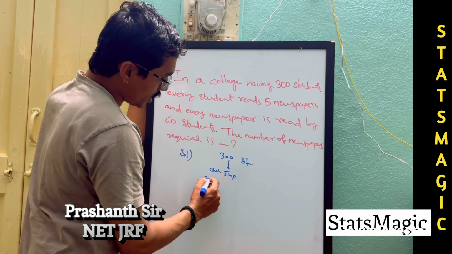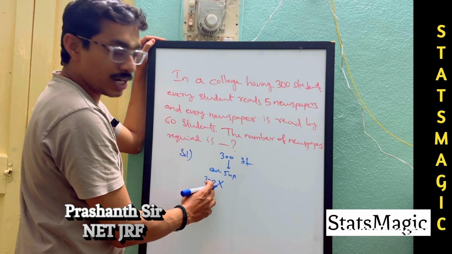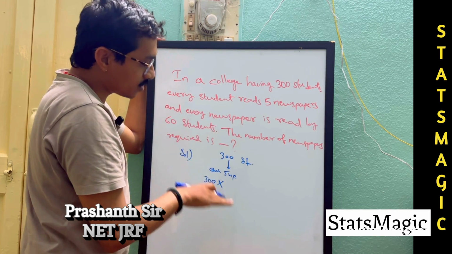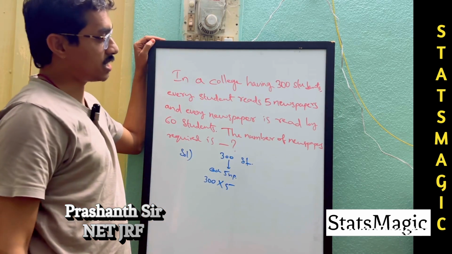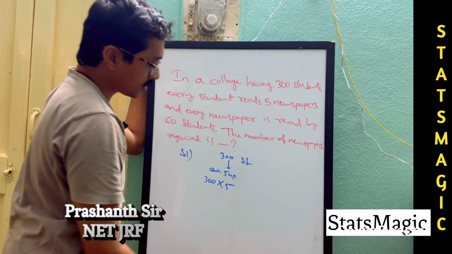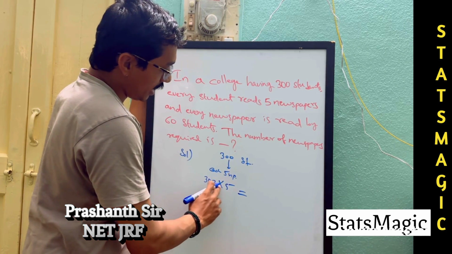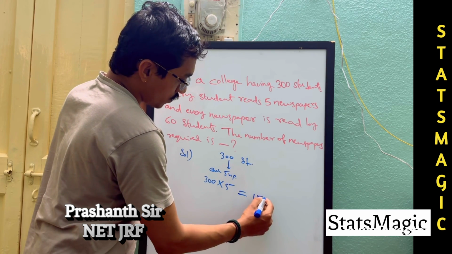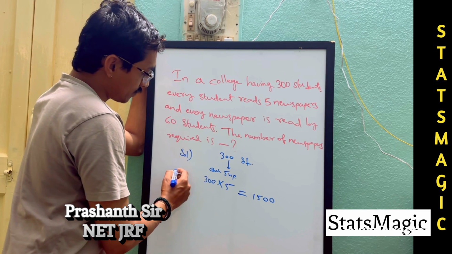There are 300 students, and all 300 students are reading 5 newspapers each. So total readings are how much? Total readings are 300 into 5.